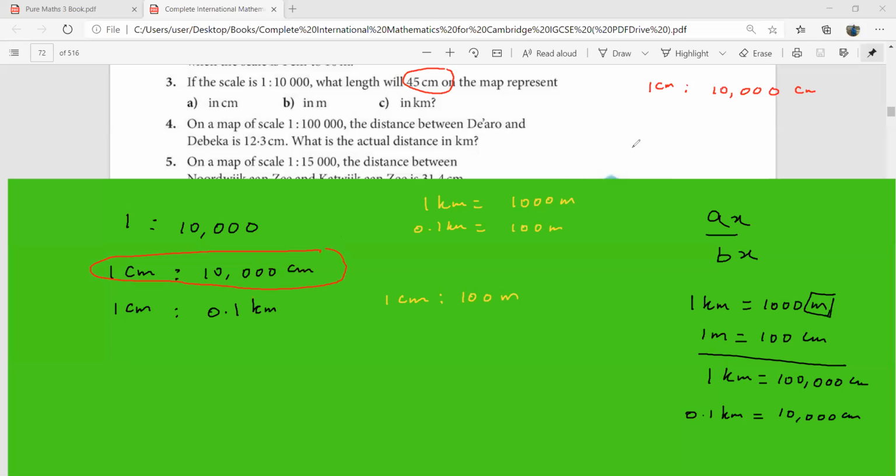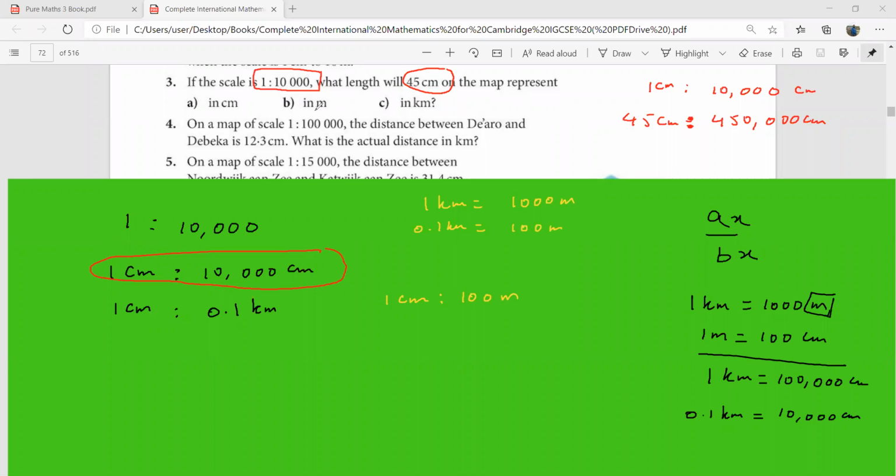So if it is 45 cm, this is going to represent, this should be a proportion sign here. So this is going to be 10,000 times 45, which is 450,000 cm. Okay. So 45 cm according to this scale will be representing 450,000 cm. That is what you will be doing for the A part.